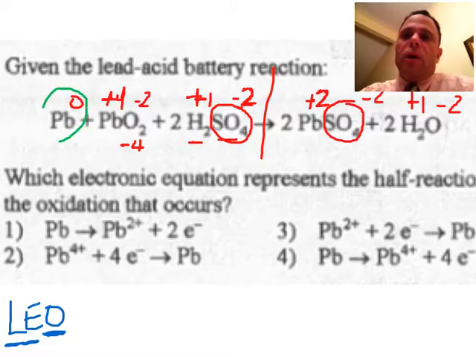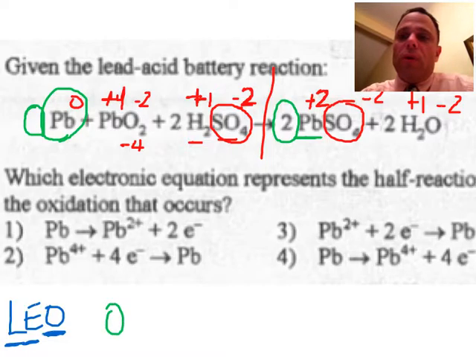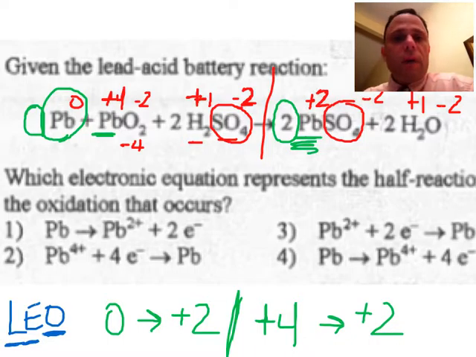Here we have lead going from a 0 to a +2. You see, we have 2 leads. One of the leads goes from 0 to +2, and this other lead goes from a +4 to +2.